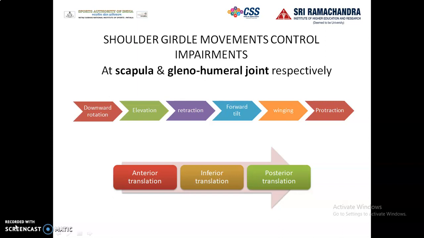So we have to look into all the parameters: scapulohumeral rhythm, scapular movement, and dyskinesis. For the passive range of movement, the patient should do it first on the normal side, and then on the abnormal side.